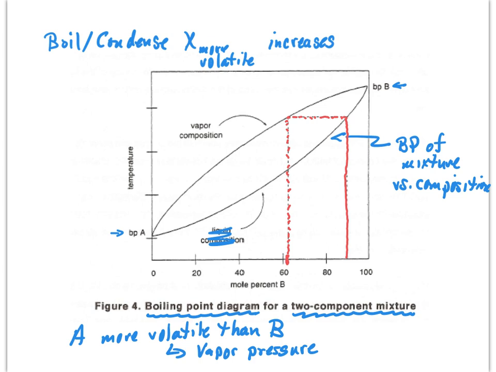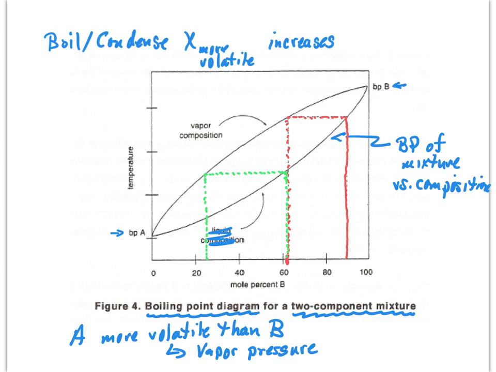Now we take that liquid and we boil it and we let it condense. And it boils at a lower temperature now, because it's got more of the more volatile component. And when it condenses, we have a liquid of that composition.